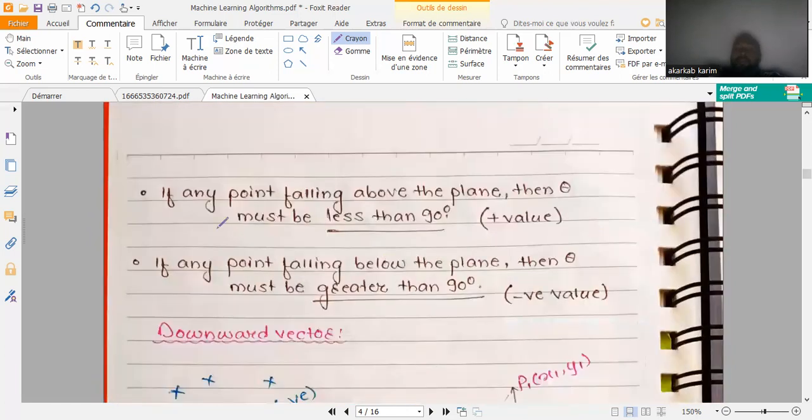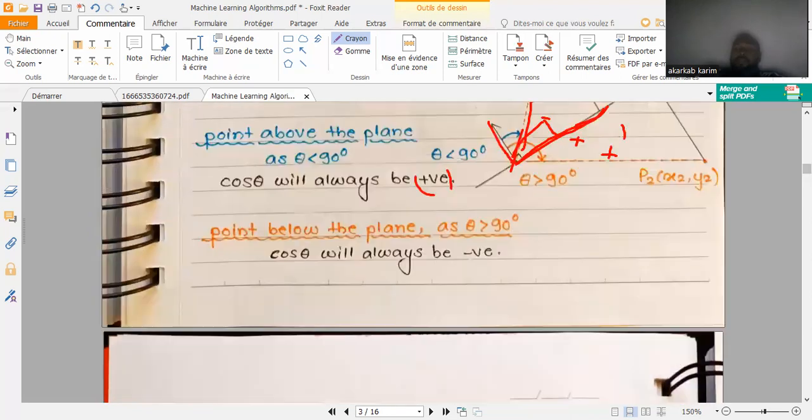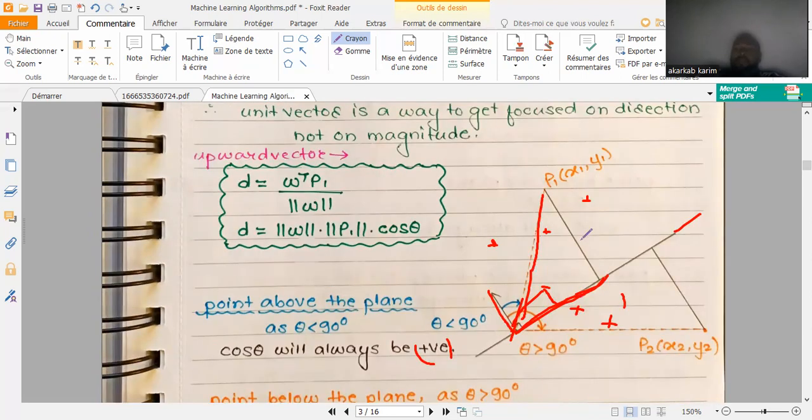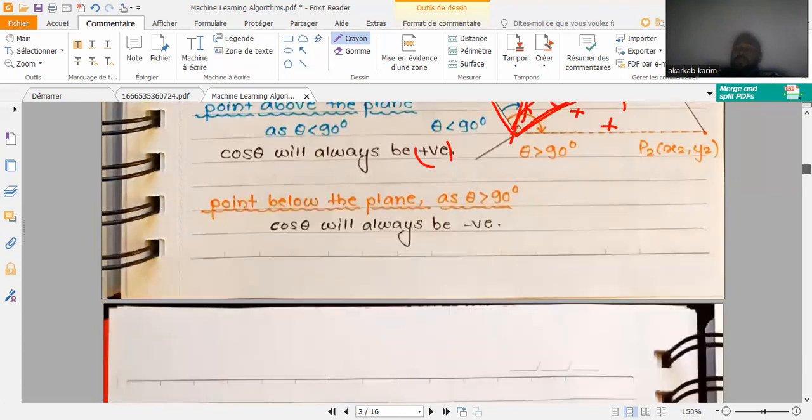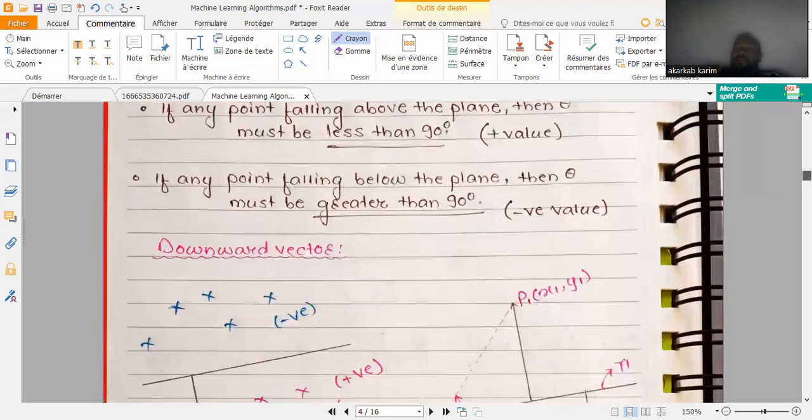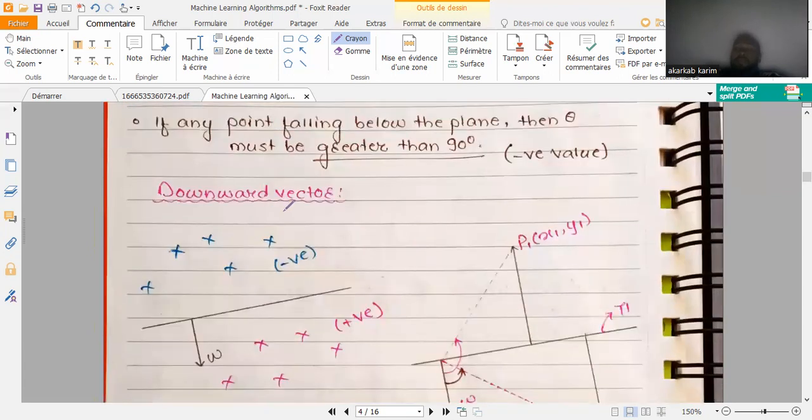Any point found above the plane has theta less than 90 degrees, so the cos of theta should be positive. Any point below this plane has a negative cos of theta and is considered a negative point. So we also have this downward vector.